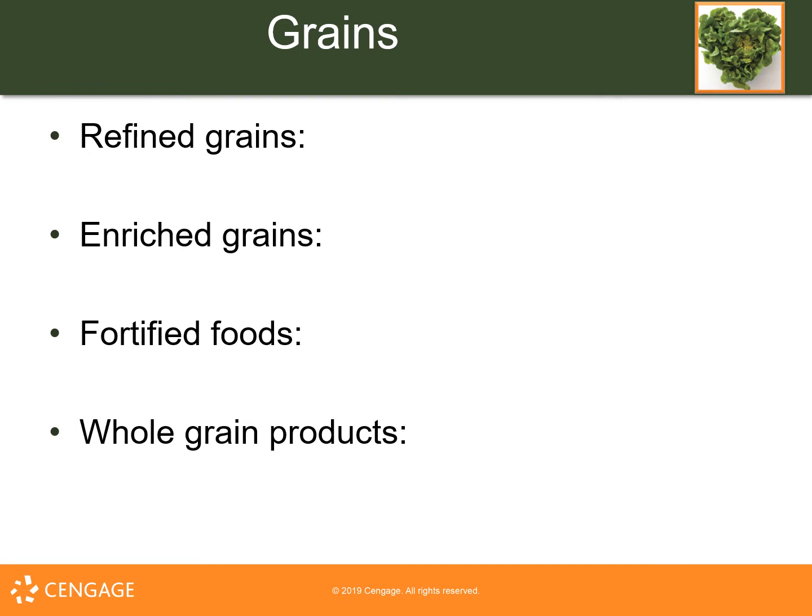Enriched grains, so these are nutrients lost during processing that end up getting added back into the final product. Fortified foods, so these are nutrients that were either never in the food originally or were there in insignificant amounts, and then they get added into the food product. Whole grain products are not refined, and they maintain their endosperm, germ, and husk in appropriate proportions.